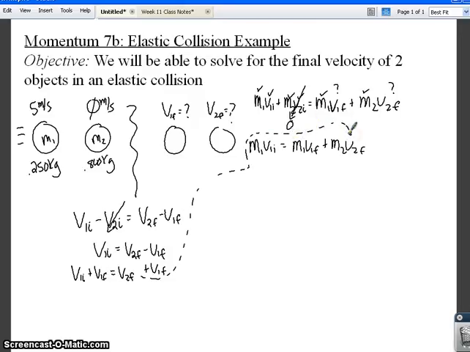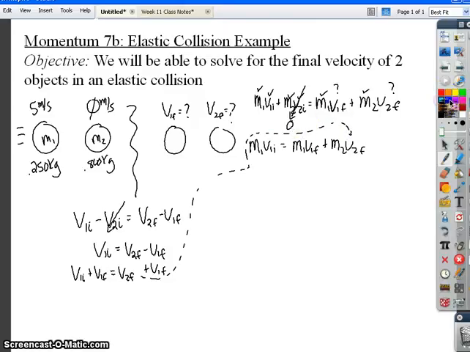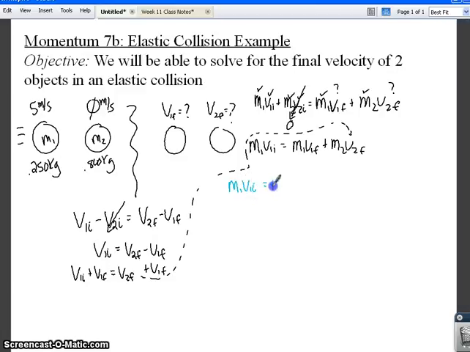So let's take this and plug it into the other equation. I'll redo this now. m1 v1I equals m1 v1f plus m2 times (v1I plus v1f).